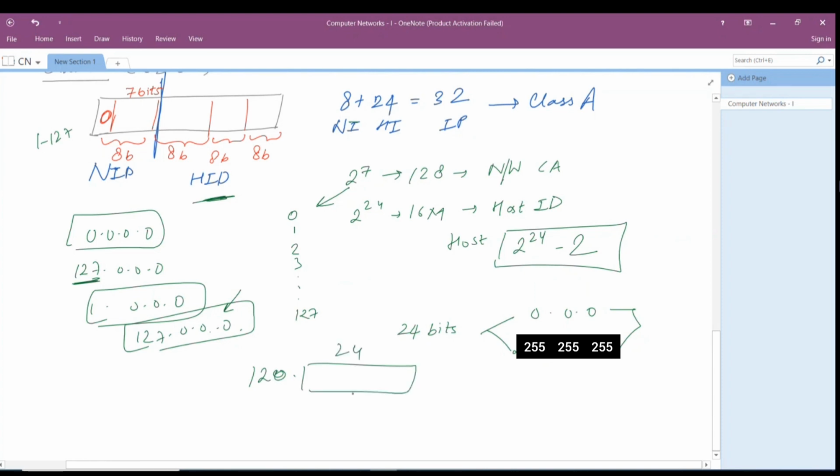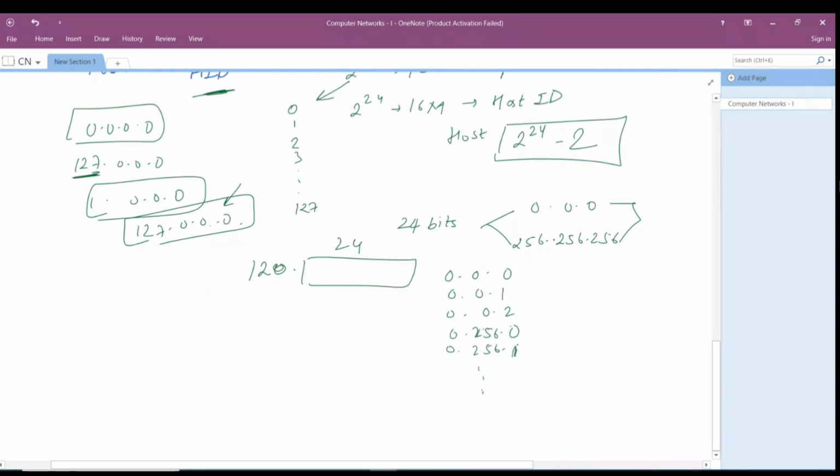24 bits. So in 24 bits, it will start from 0.0.0, then 0.0.1, 0.0.2, and so on. It would be something like 0.255.0, and it will go on. Yes, 2 to the power 8 minus 1 is 255, the maximum number we can represent in 8 bits.